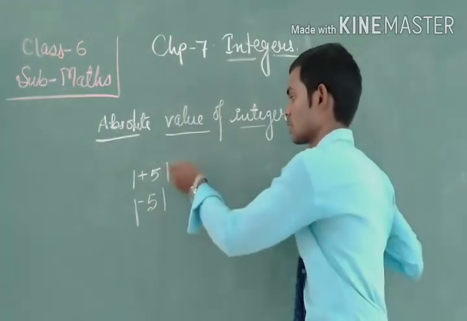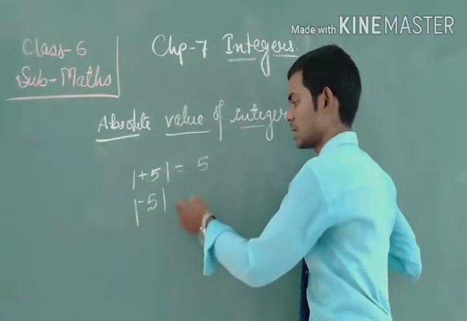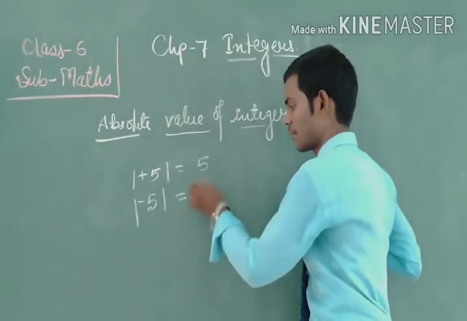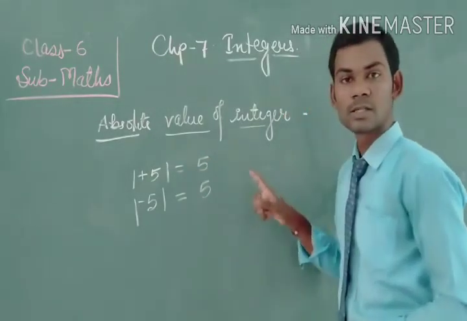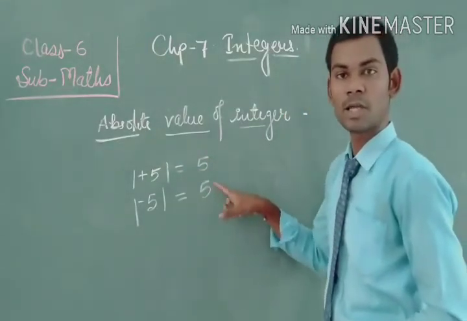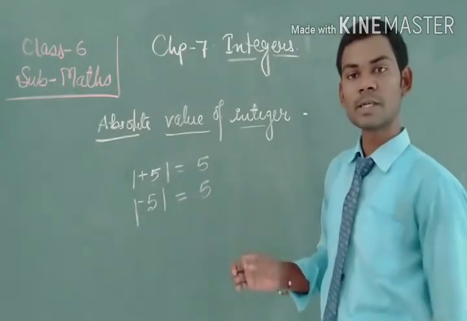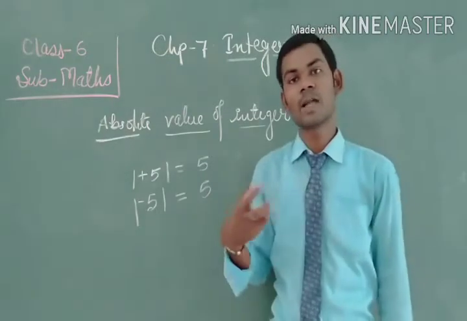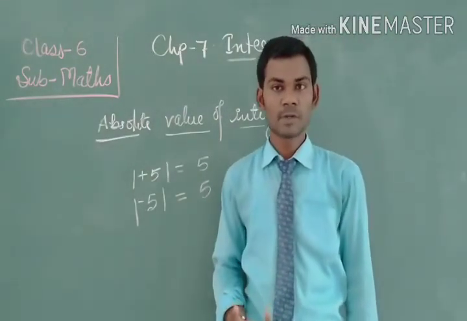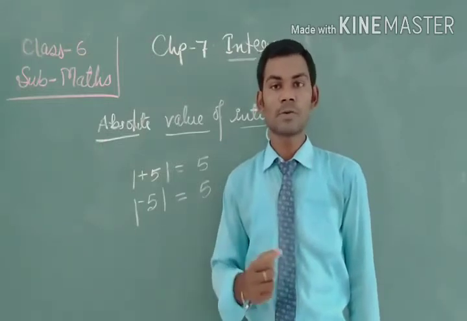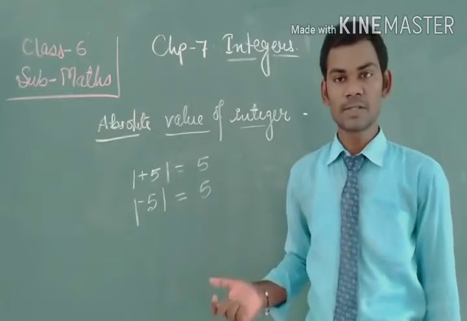So this may be written as 5 and it is also written as 5. In both situations you can see that these numbers do not have their initial sign, so we say that the absolute value of a positive integer is always positive and the absolute value of a negative integer is also always positive.